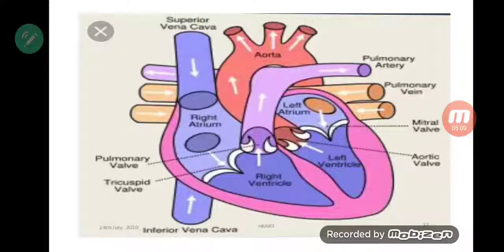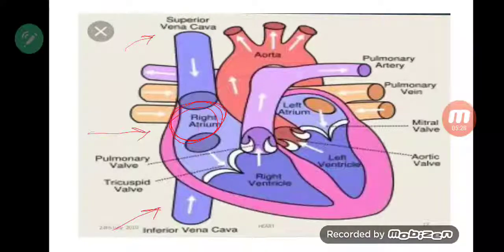Again, in this picture, as I said previously, the right side heart receives blood from the superior vena cava and inferior vena cava to the right atrium.